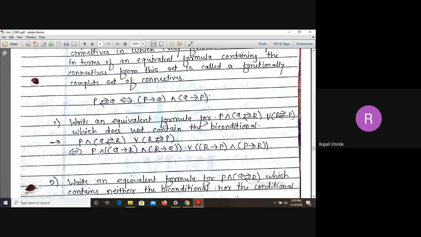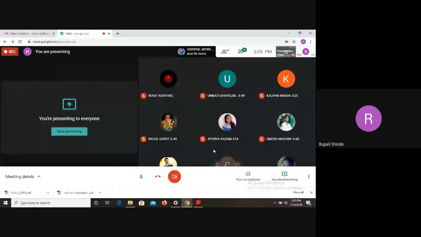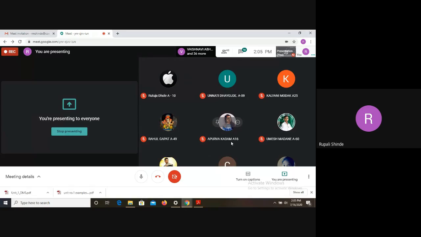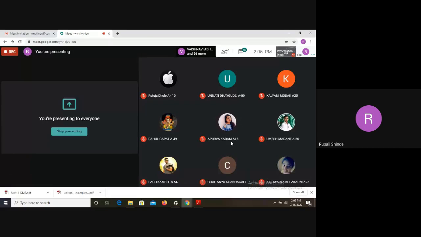Hello. So what is the equivalent formula after removal of biconditional? Apurva Kadam. Are you here? Hello. Roll number 16. So what is the answer after removal of biconditional?